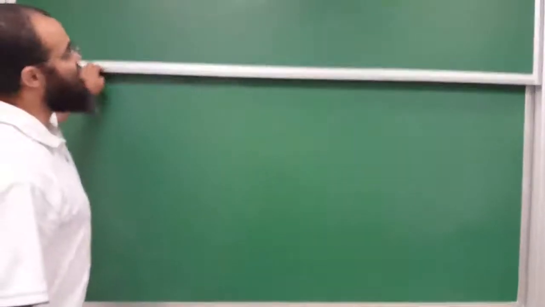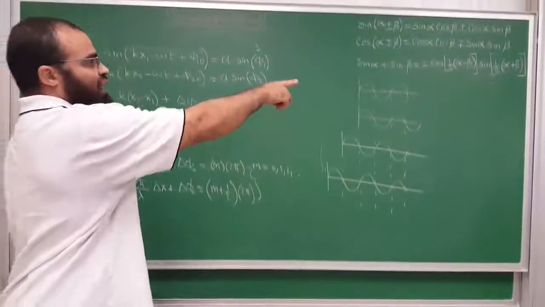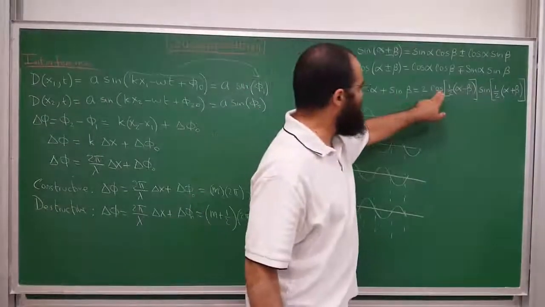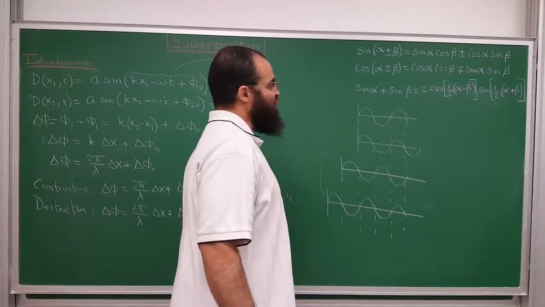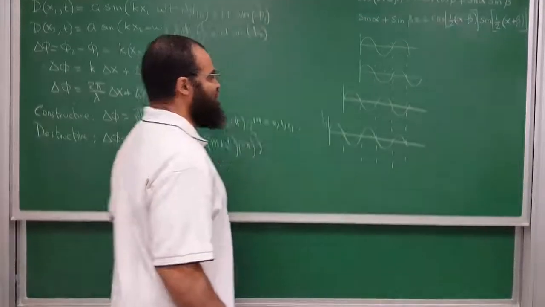And now I'm going to use that trig identity. It will be 2 cosine of 1/2 alpha minus beta. Alpha is phi 1 and beta is phi 2.